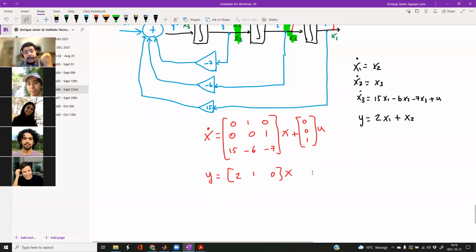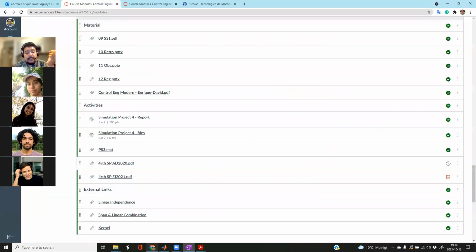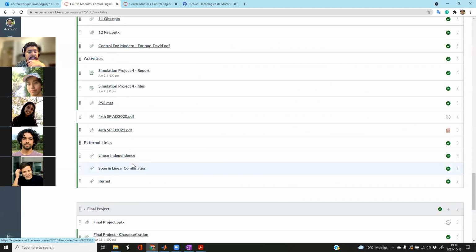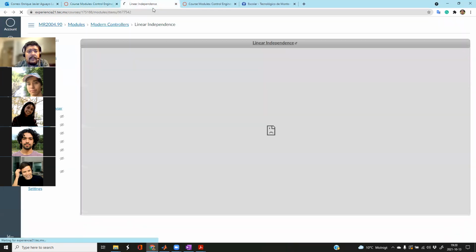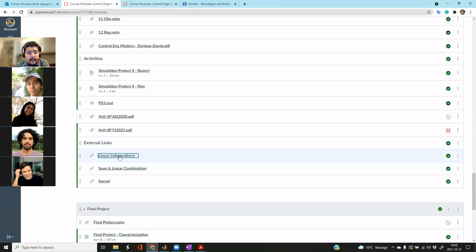Now, it is going to be really important that we know how to do some basic operations with matrices, addition, multiplication, that kind of thing. But also that we understand some basic concepts, like what is linear independence? What is the span and the linear combination of a set of vectors? And what is kernel, okay? I have seen and studied these videos. They're good enough. They're not long. They're from Khan Academy, so it's fairly easy to find them.